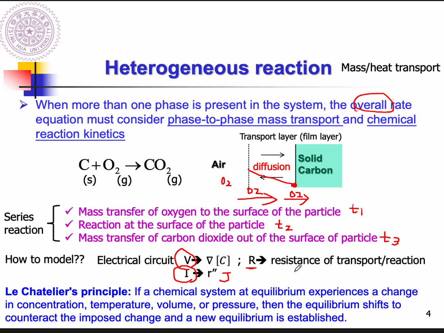So they have a reciprocal relationship. We use this resistance concept to quantitatively describe how fast or how slow each step is in this series reaction. Okay, so today we just end here.